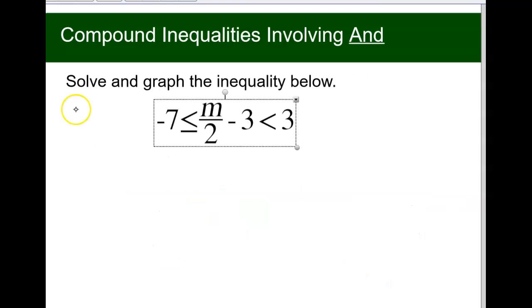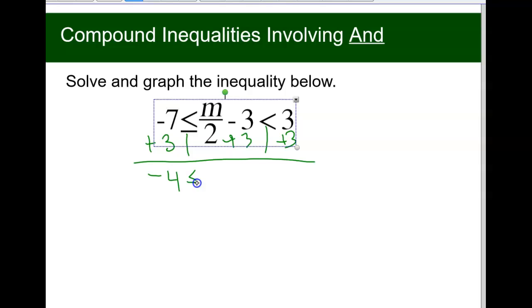Let's take a look at this next one. I've got negative 7 is less than or equal to m over 2 minus 3, which is less than 3. I am going to add this 3 to all sides of this. So negative 7 plus 3 is negative 4, less than or equal to m over 2, which is less than 6.